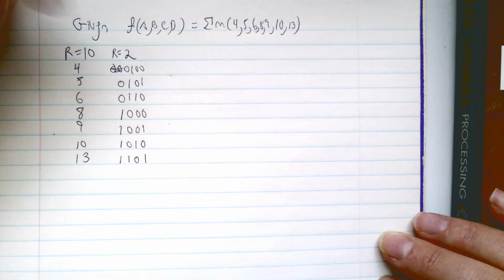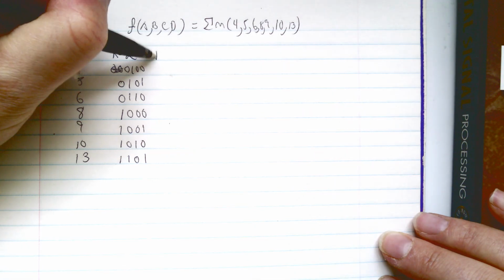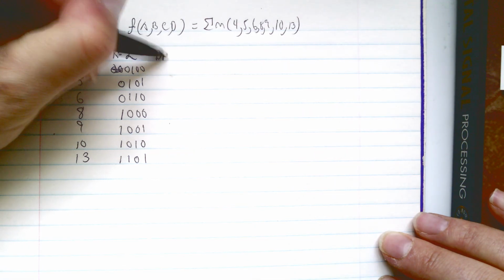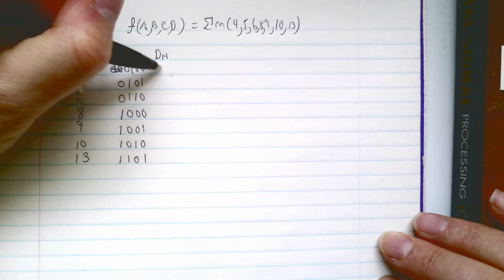And then I'm going to come out with the Hamming weight, and that'll be equal to the number of ones in each one of the bit vectors.